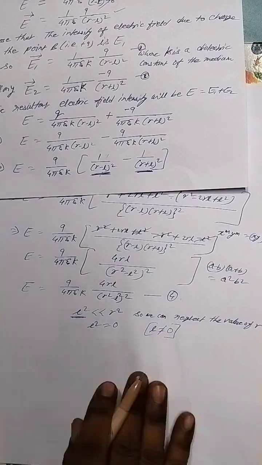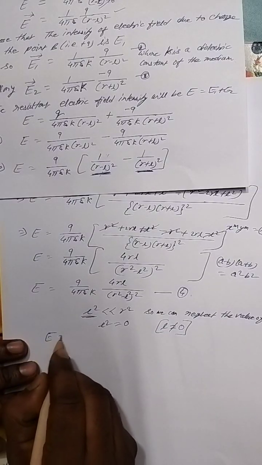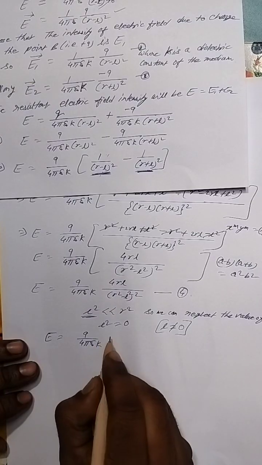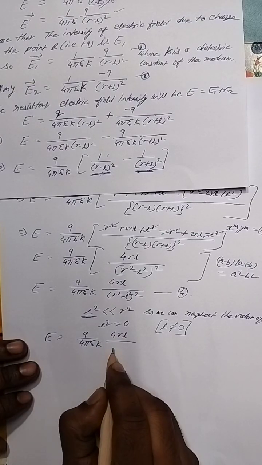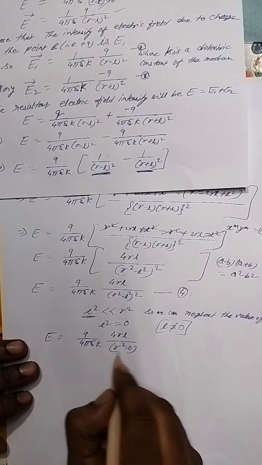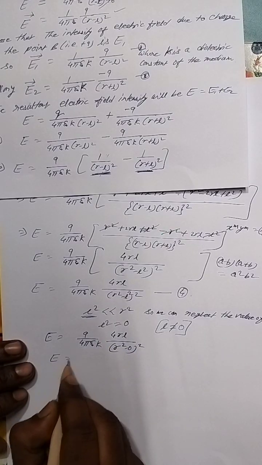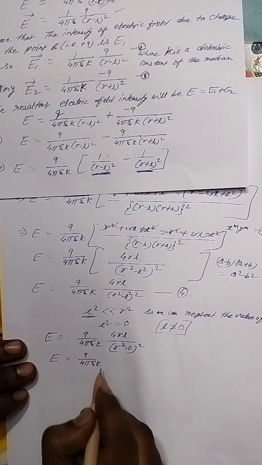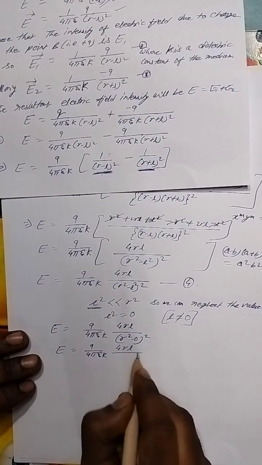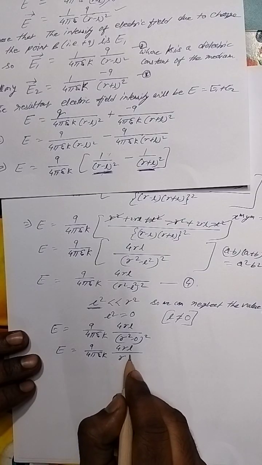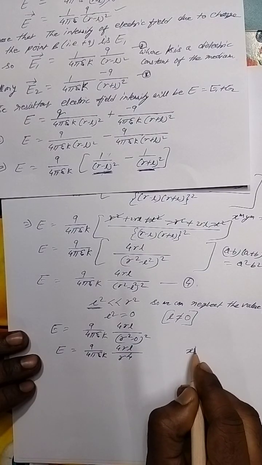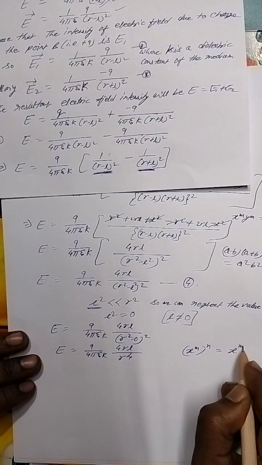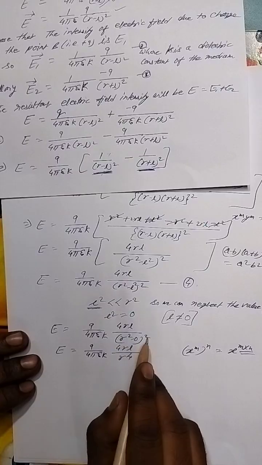Okay, we get q upon 4 pi epsilon 0 k, 4rl upon r square minus 0 square, whole square. E is equal to q upon 4 pi epsilon 0 k, 4rl upon r to the power 4, because (x^m)^n is equal to x^(mn), and multiply 2 by 2.